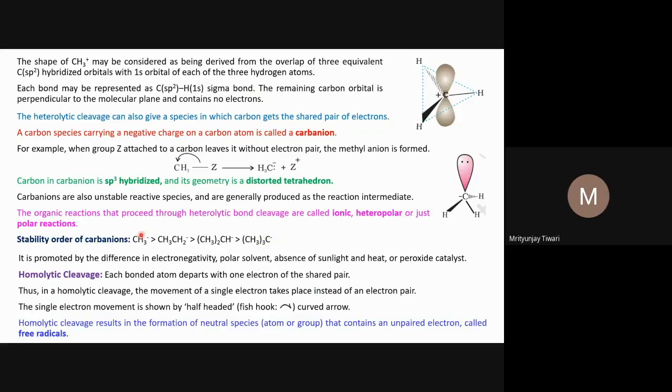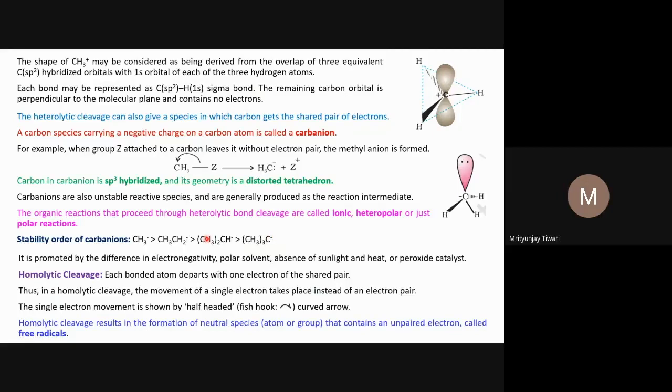One reason is the plus I effect, the electron donating effect. Another reason we cite is no-bond resonance, or hyperconjugation. What no-bond resonance and hyperconjugation are, we will see later on. But you can see that when methyl groups are in conjugation with the carbocation or carbanion, they show hyperconjugation, and because of hyperconjugation, negative charge species get destabilized and positive charge species get stabilized.